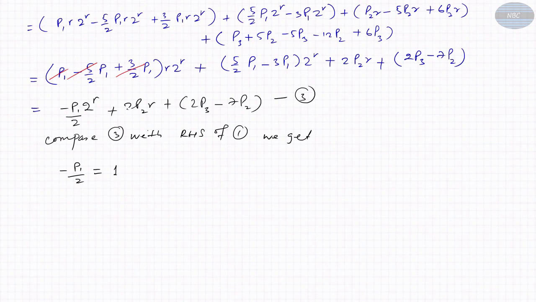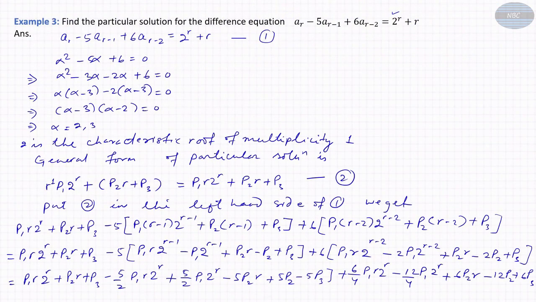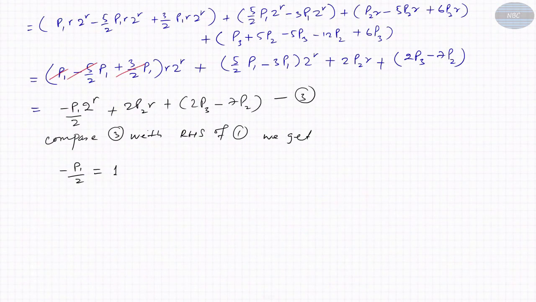Okay, coefficient of r is equal to 1 here. So here the coefficient of r is 2 p2. And the last is constant is 0. 2 p3 minus 7 p2 is equal to 0.